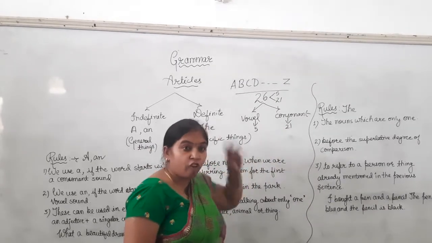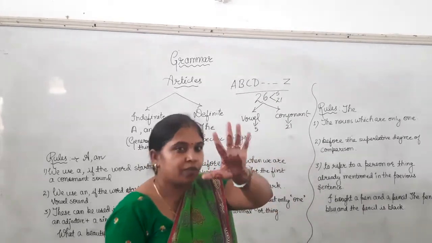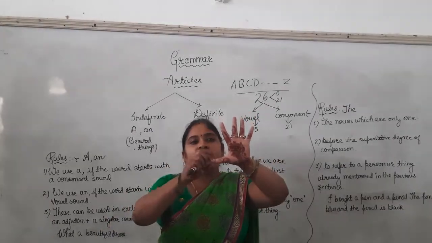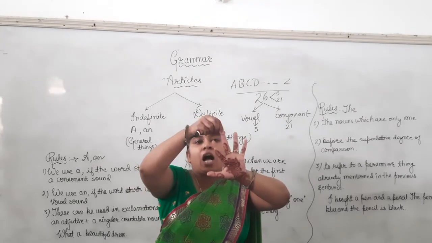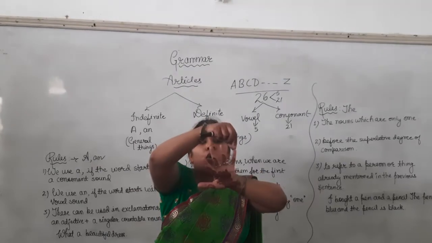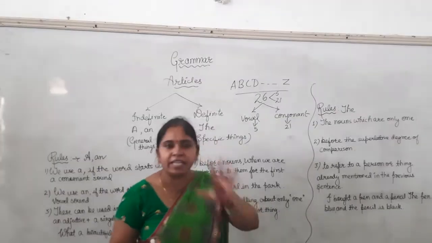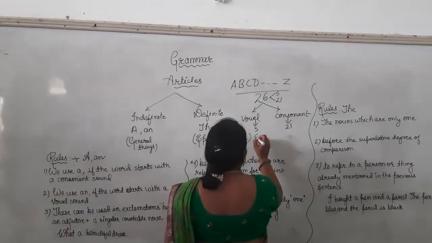Now what are the 5 vowels? We can count on our hand also. A, E, I, O, U. So we have 5 vowels in the English alphabet.